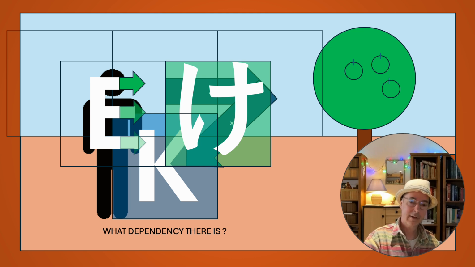So, what are the combinations with the letter E? All the combinations with the consonants have a different letter or character in the Japanese script, and all of the letters with the vowels have the same kind of combinations with consonants.